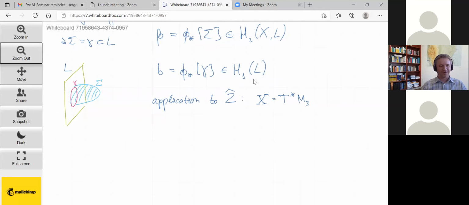So in this enumerative perspective, one takes X to be the cotangent bundle to our three manifold. One takes L to be, or rather, I can just write M3 zero section of the above, but with a multiplicity n.